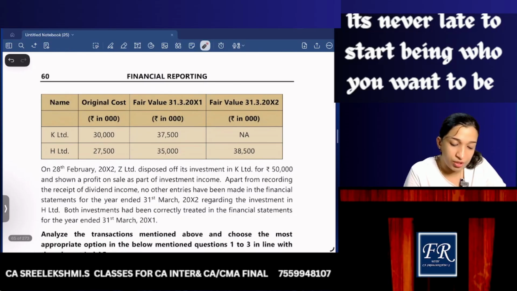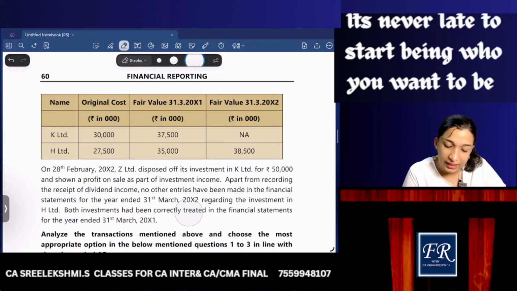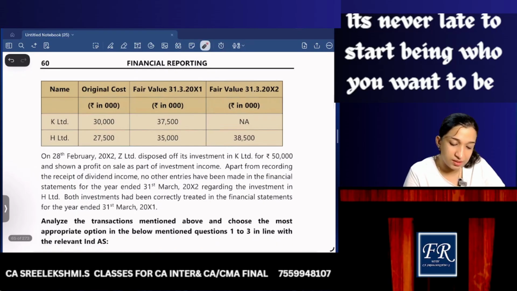On 28th February 2012, Z Limited disposed of the investments for 50,000 and showed a profit on sale as part of investment income. Apart from recording the receipt of dividend income, no other entries have been made in the financial statements regarding the investments in H Limited. Both investments have been correctly treated in the financial statements.